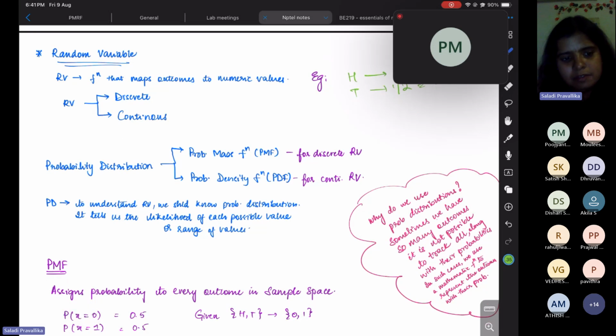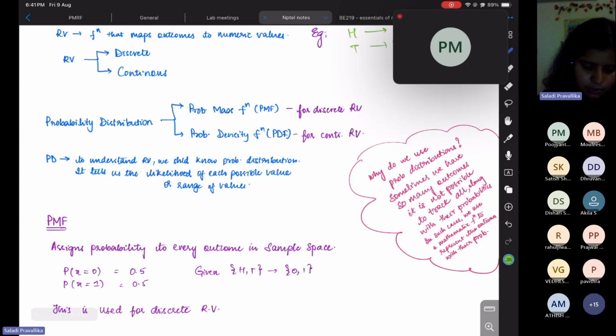For discrete random variables, we have one kind of distribution function, and for continuous random variables, we have another. The one we use for discrete is called the probability mass function, PMF. And for continuous, we have the PDF, that is the probability density function.